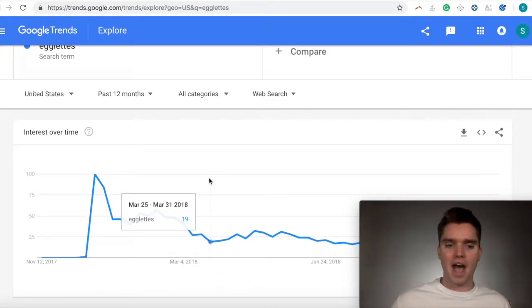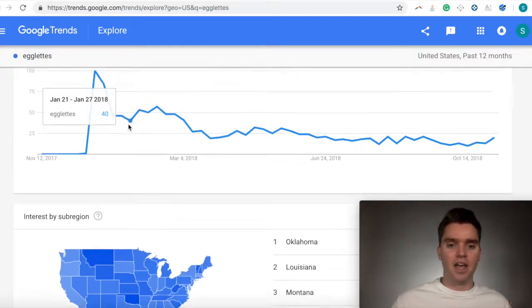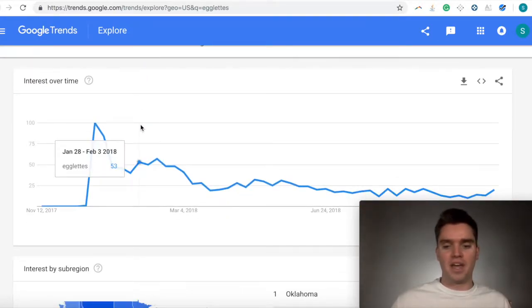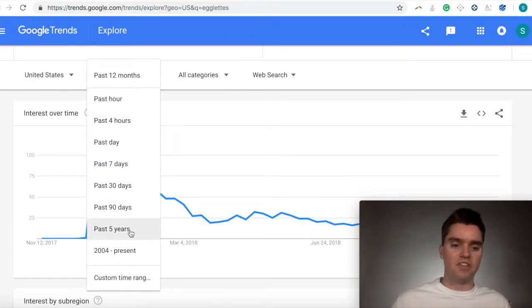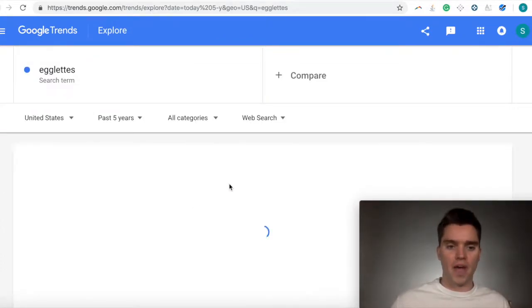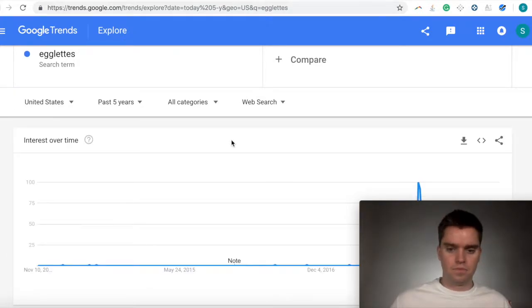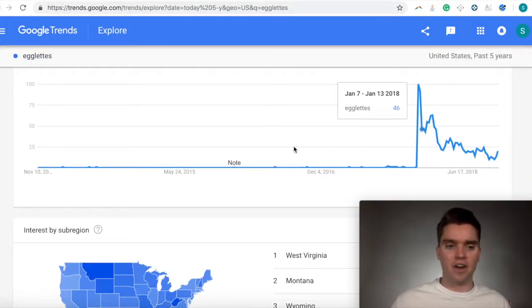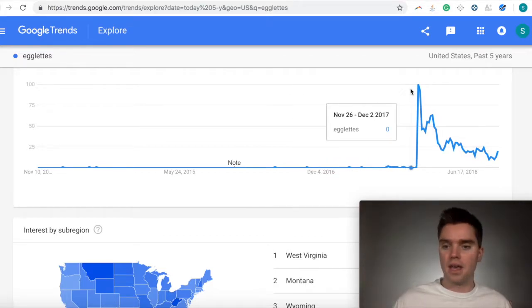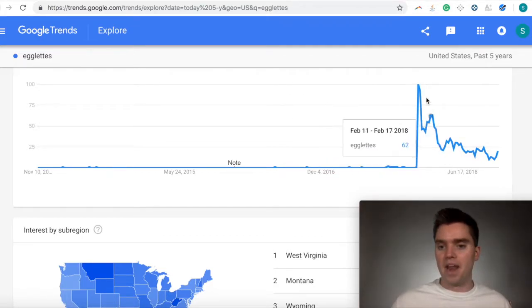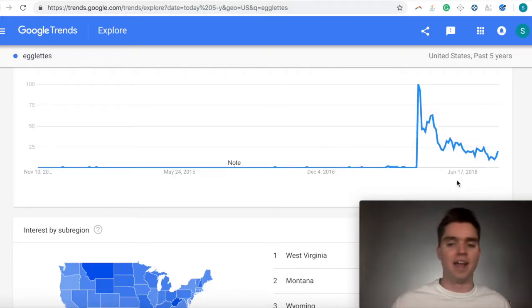And again, if you're wondering why, let's go ahead for this case. As we see, for the past 12 months there's a clear trend, but it'll become much more obvious when we refine to the past 5 years. So we'll go ahead and do that. Past 5 years, and there we go. So a clear spike, and not a straight down, but it's clearly a downward trend, and I do not believe it's going to come back up, especially since there was no trend like this in the previous 4.5 years or however long this is, past 4 years here.